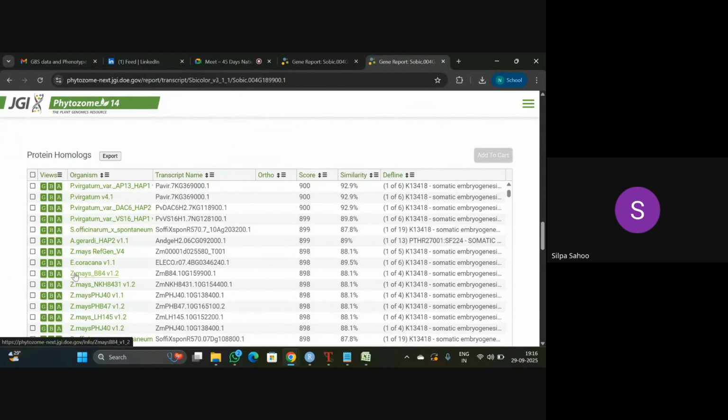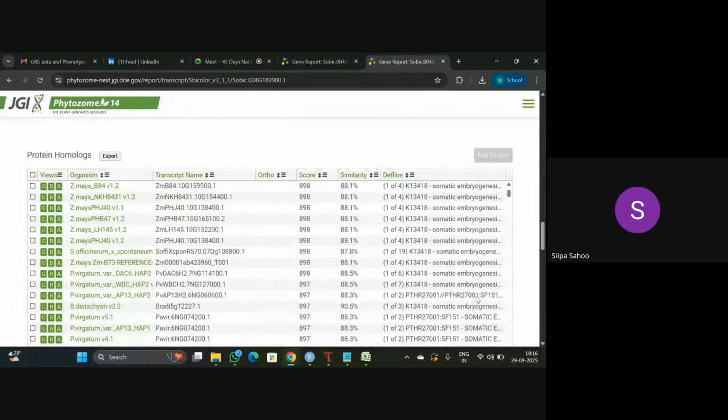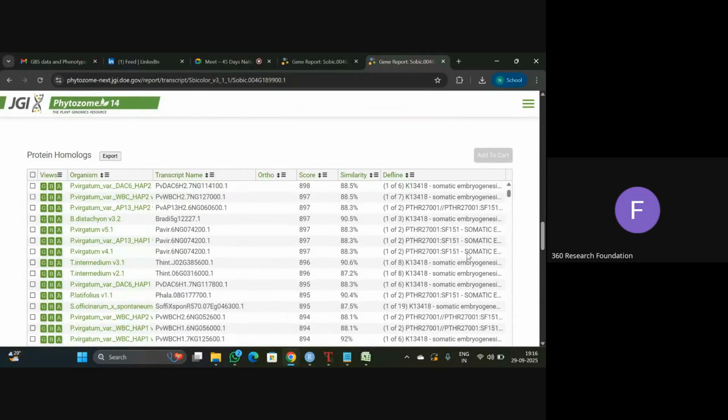Yes. So see, Z maize has 88.1% similarity. All these 7, 8 species, their function is the same, something like somatic embryogenesis. Now we are working on fertility restoration.